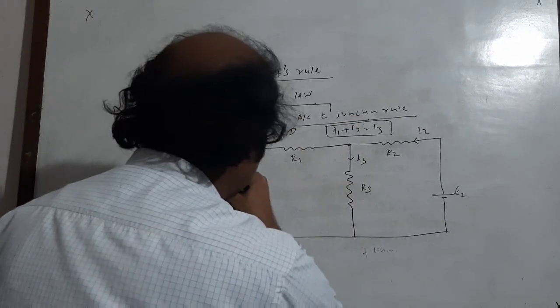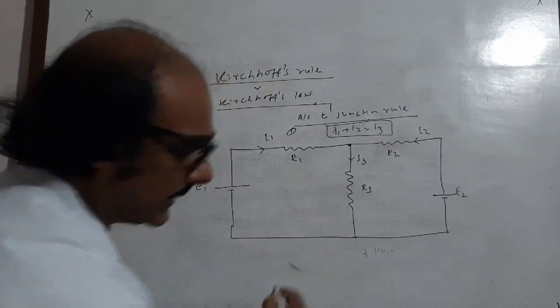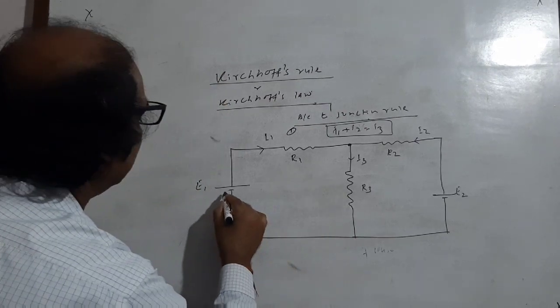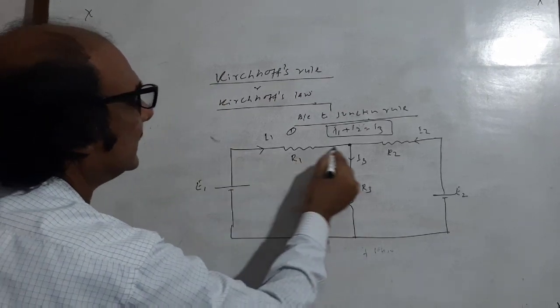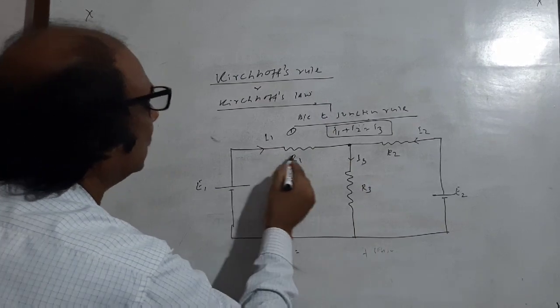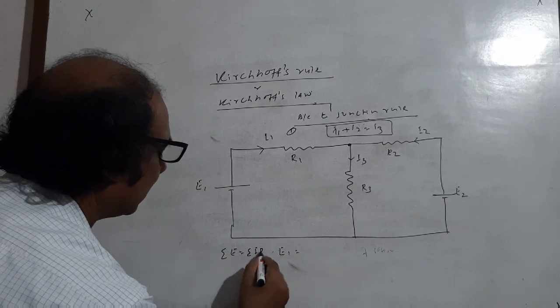And second one, now consider the cell E1. So in this loop, E1 equal to I1 R1, using E is equal to IR.